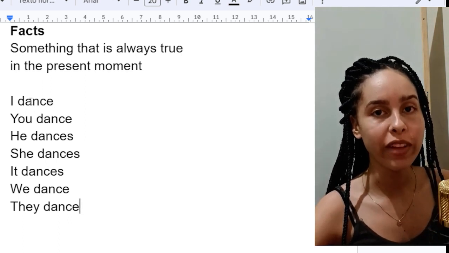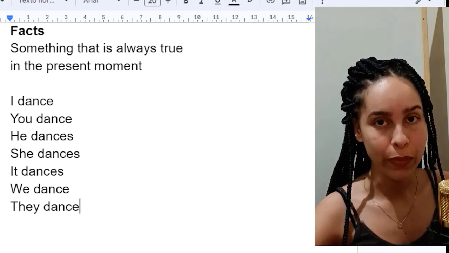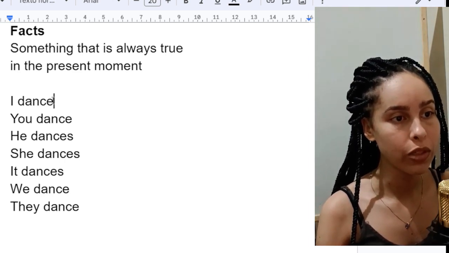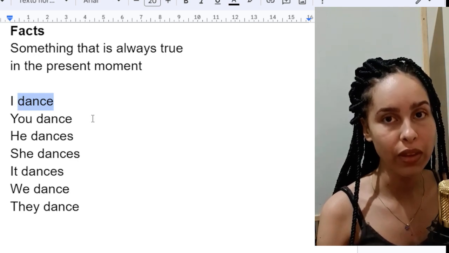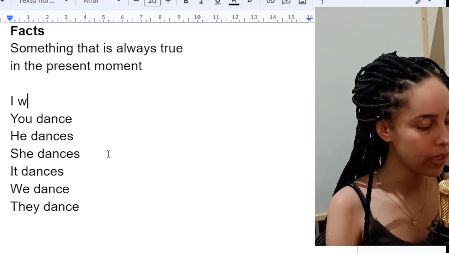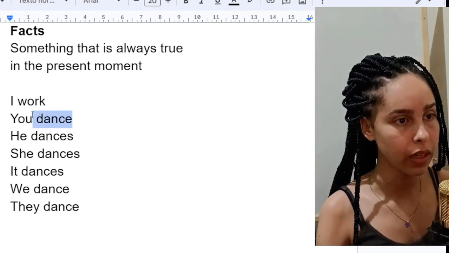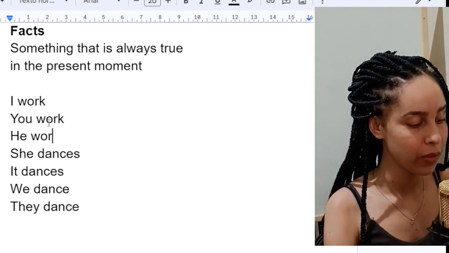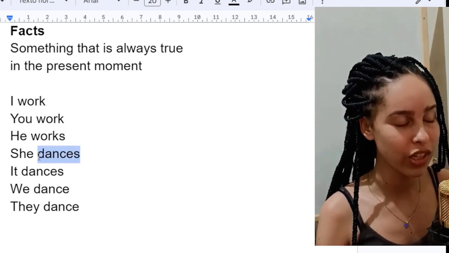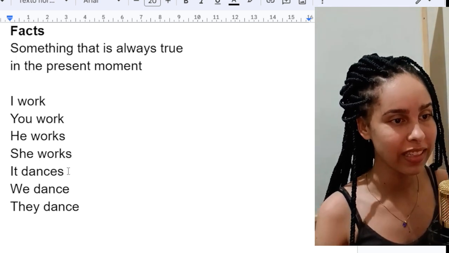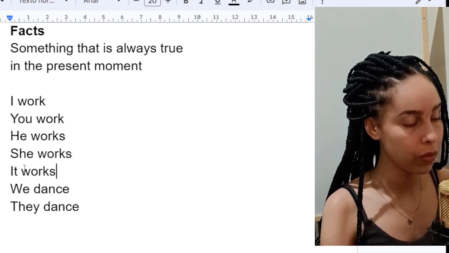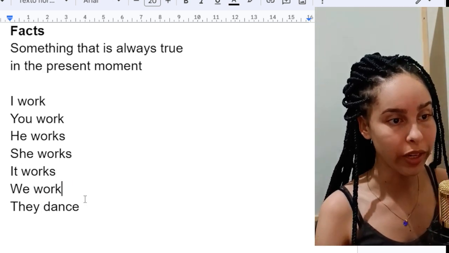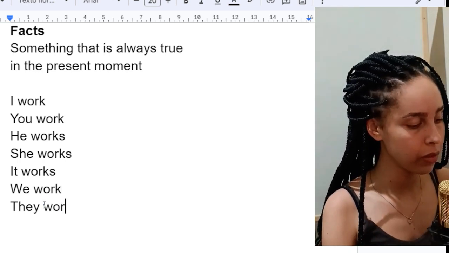So this is how flexible the verbs are in English. And it happens with all the verbs. For example, if I want to do this same thing with the verb work, I would say I work, you work, he works, she works, it works, we work, they work.